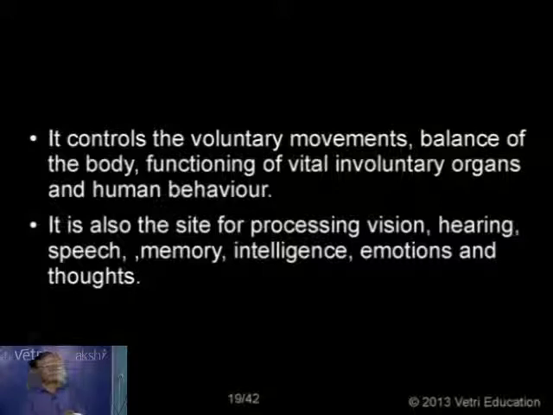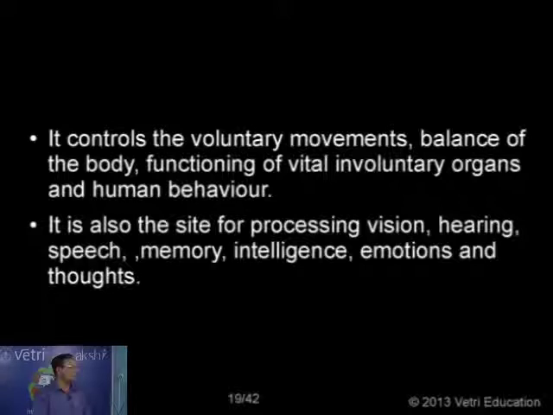Now, what are the parts of the brain? Before that, a general rule. What are the different functions performed? Normally the brain controls many voluntary movements, particularly the skeletal muscular activities, and the balance of the body. Even some other functions, for example, the functioning of the vital organs, namely the heart and lungs, are under the control of the brain.